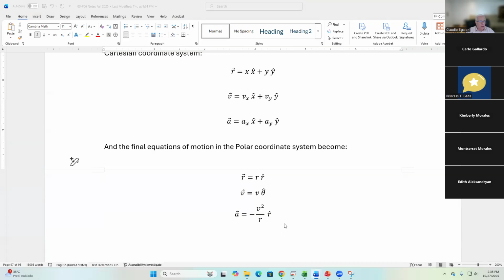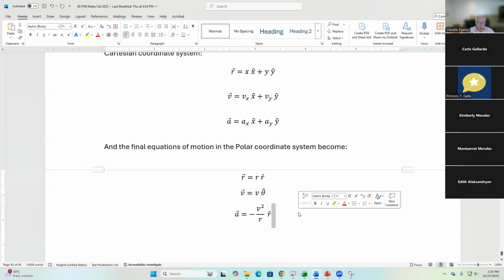Note that I'm going to emphasize here that there is no theta component for the acceleration, only a radial component for the acceleration for this type of motion, okay?